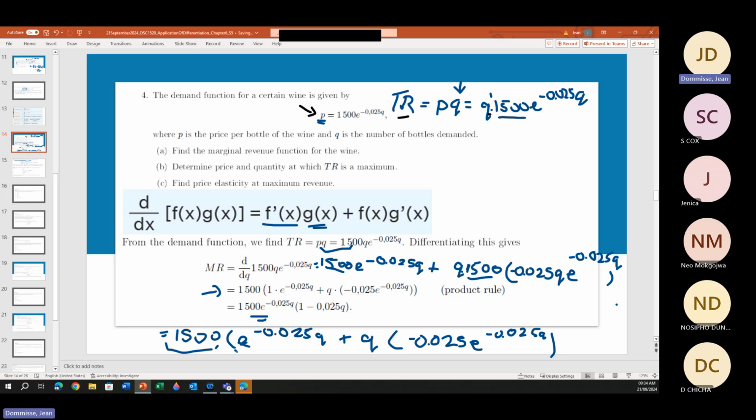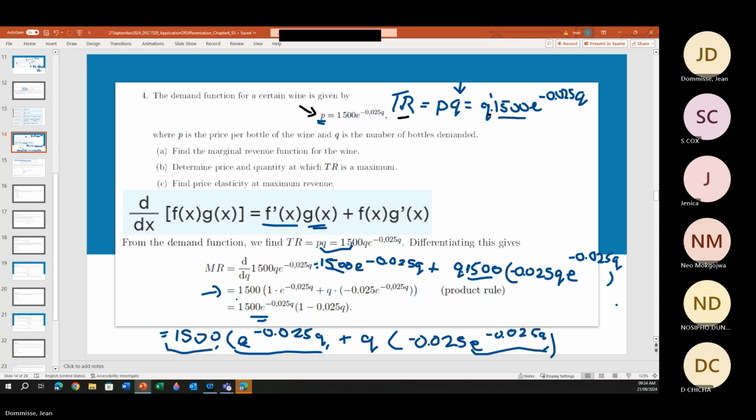Here you can see we can take that component out as well. Then we will be left with that, and this will be replaced with 1, and this will be replaced by minus 0.025Q.